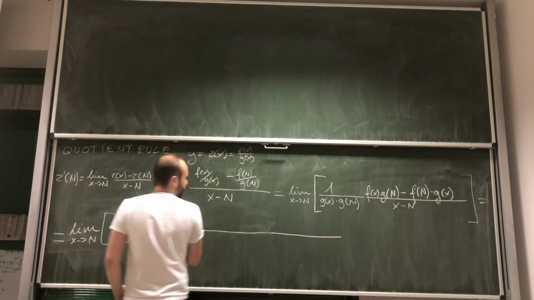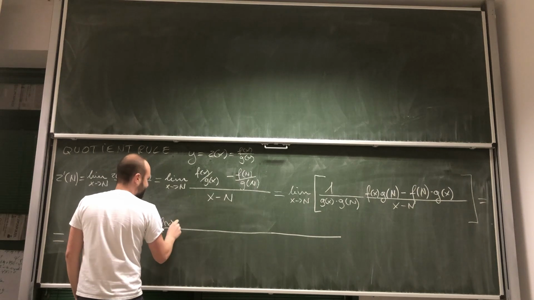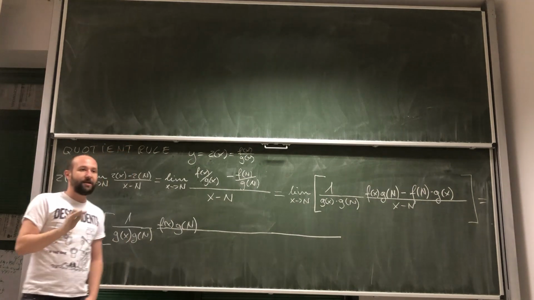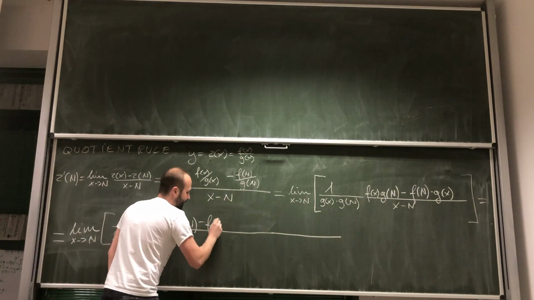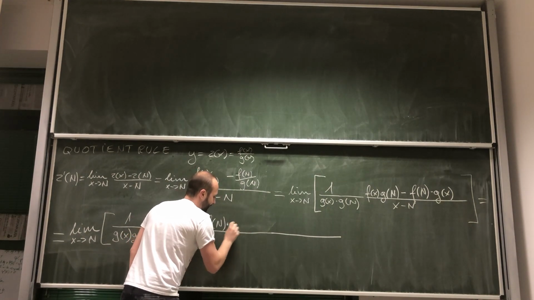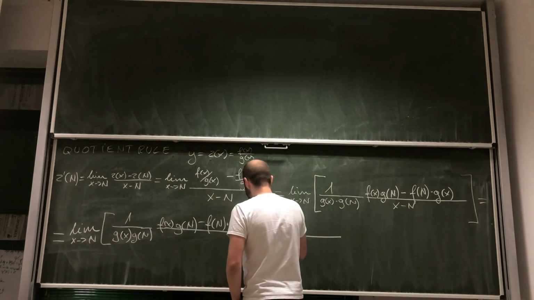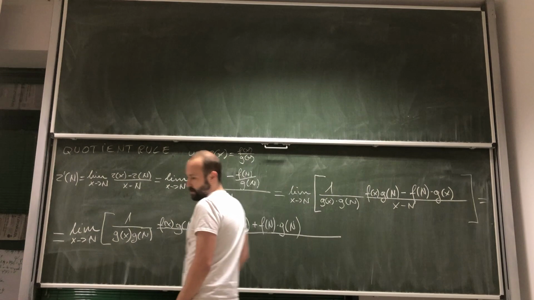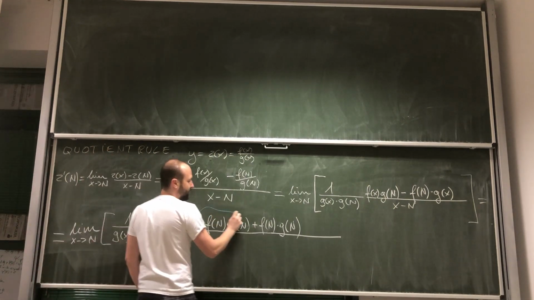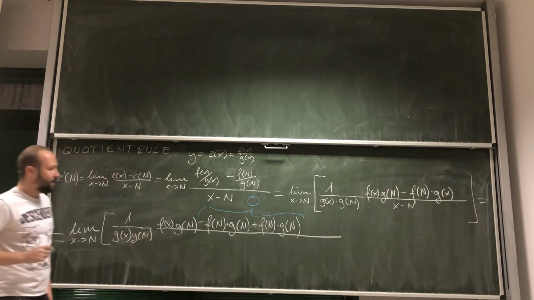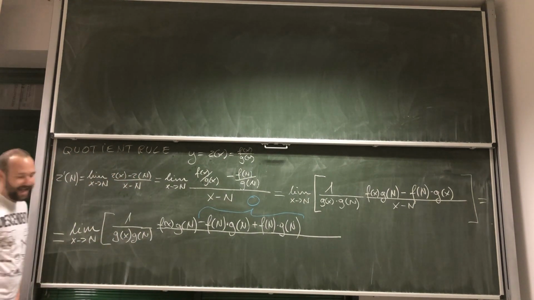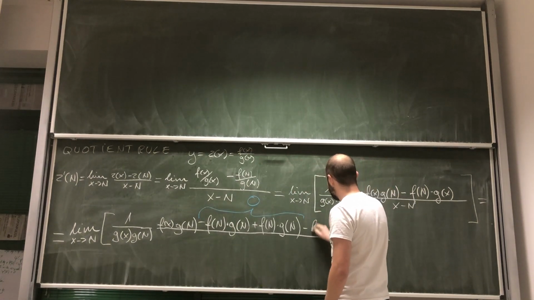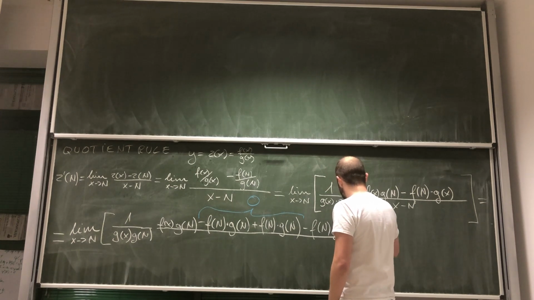And I will have here f of x times g of n. Now, I'm going to subtract f of n times g of n, and I'm going to add f of n times g of n. Those two sum up to 0, which means we have not changed this expression at all, because we just added 0. And we've got minus f of n times g of x.